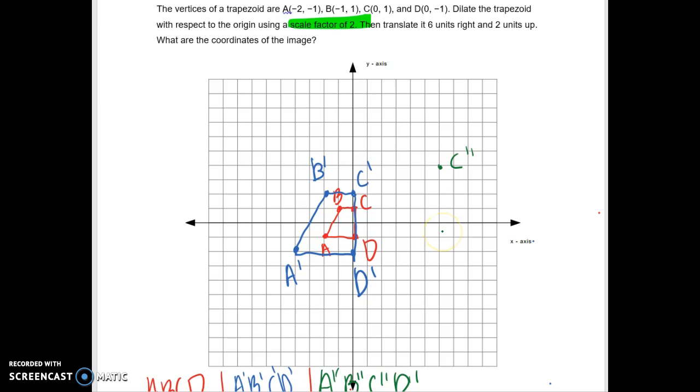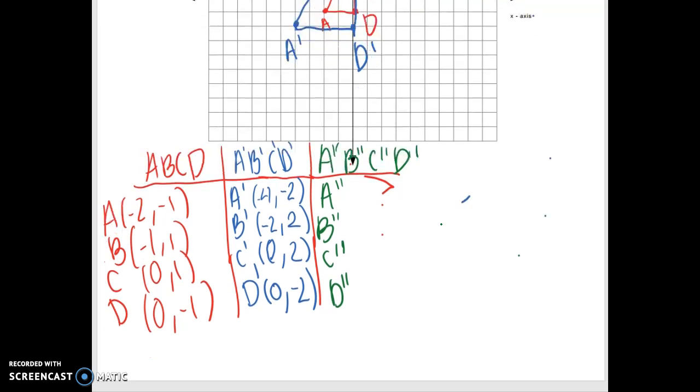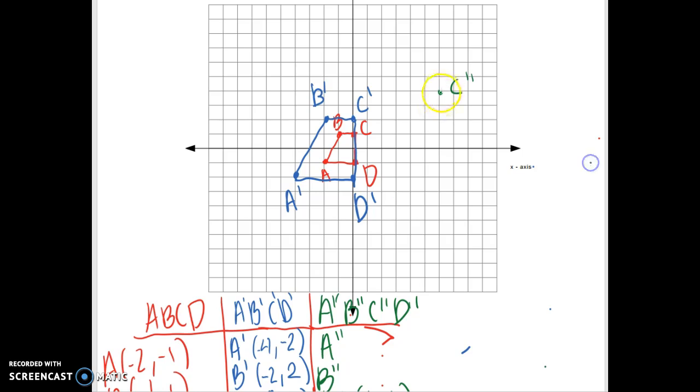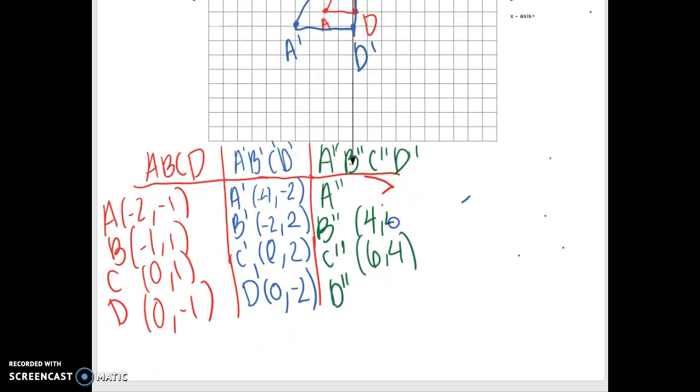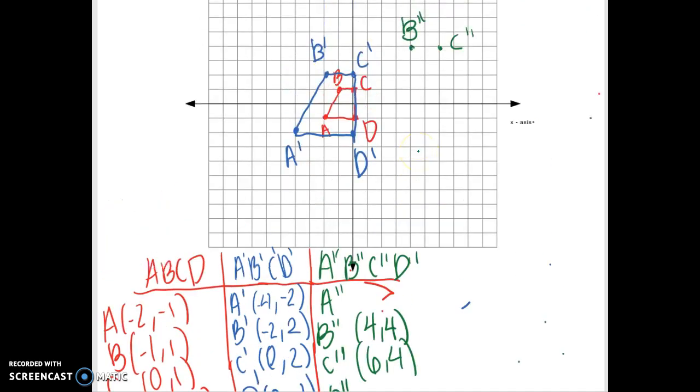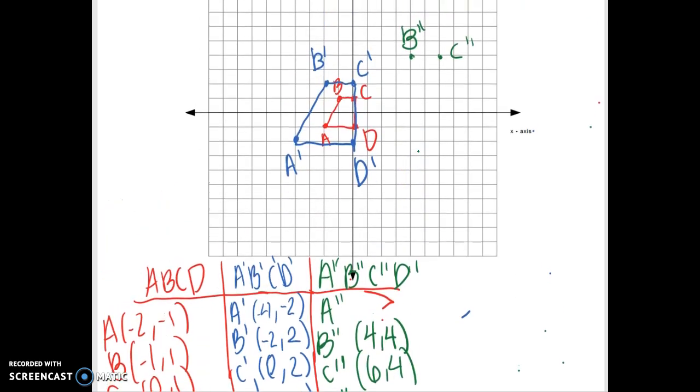So C was, it looks like, 6, 4. And then B2 would be 4, 4. I'm just doing them 6 over, 1, 2, 3, 4, 5, 6, and then 2 up. Then these are 4 apart. That's A2.